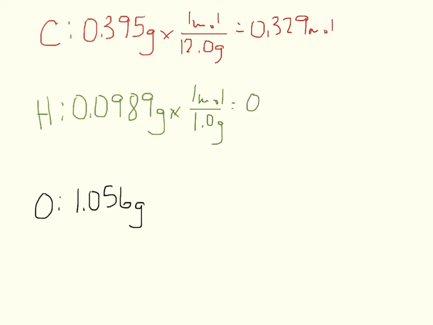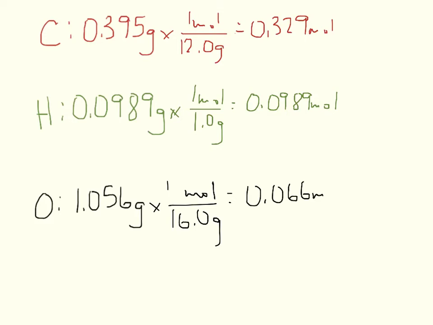So that's 0.0989 moles. And for oxygen, it's 16.0 grams for every 1 mole, which is a total of 0.066 moles. I think I might have a decimal point missing somewhere. You might want to check me.